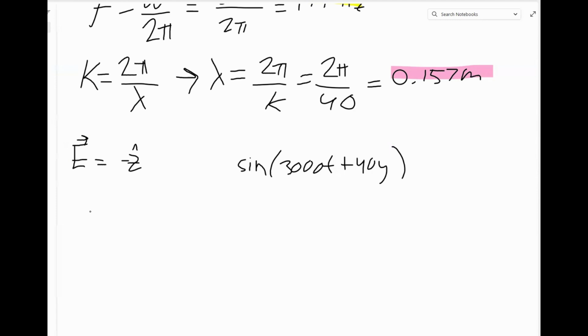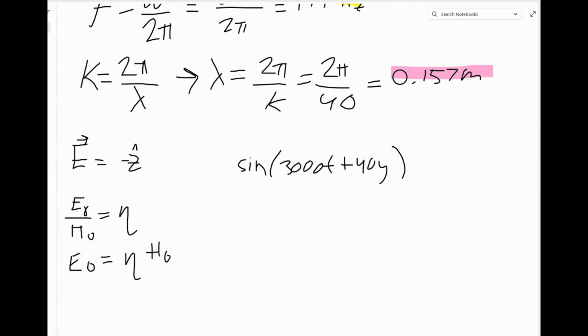And all we need is our E naught, which is our constant that will be right here. So our E naught value, as one of the properties determined, E naught over H naught equals the wave impedance eta. And so we can rewrite that as E naught equals eta times H naught.